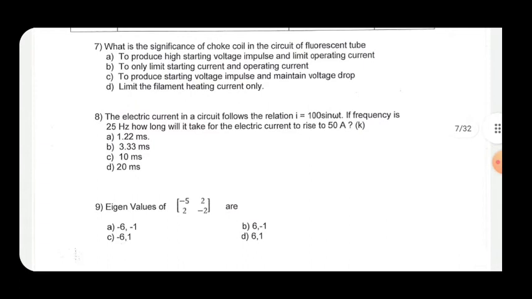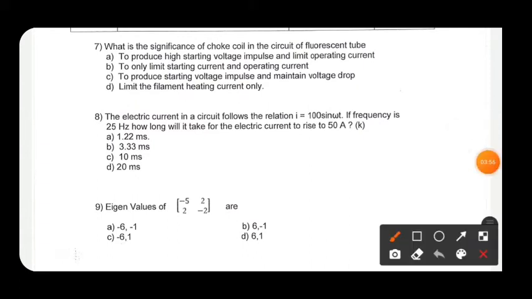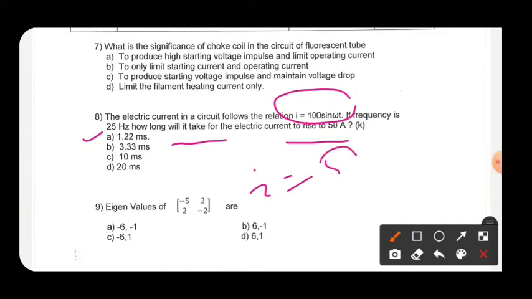Next is: the electric current in a circuit follows the equation I equals 100 sin omega t. The frequency is 25 hertz, and how long does it take for the electric current to rise to 50 amps? You just have to solve it: I equals 50, and I is 100 sin omega t, so 100 sin omega t equals 50.